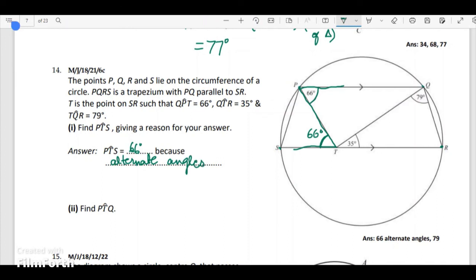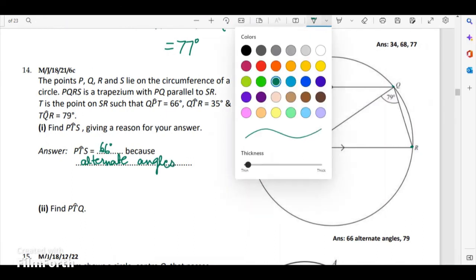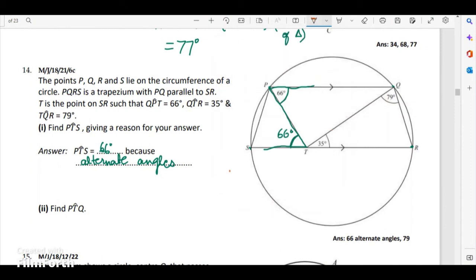Next up we have to find PTQ. PTQ is this angle right here. Oh, pretty simple. These are the three angles on a straight line, so their sum must be equal to 180 degrees. So if we subtract 66 plus 35 from 180 degrees, we'll get the PTQ angle.